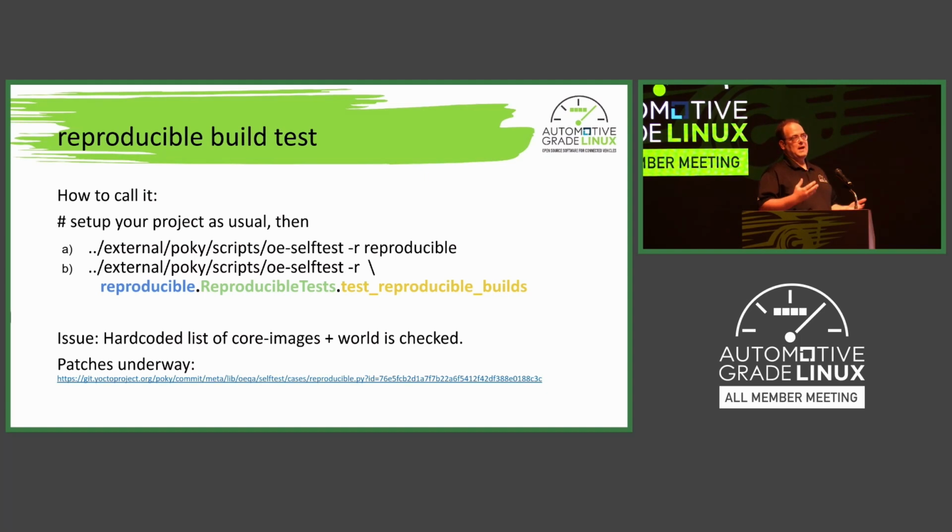Those differences can be build IDs, folder names in the binary, folder names in the debugging symbols, some hashes, and this process will find these.